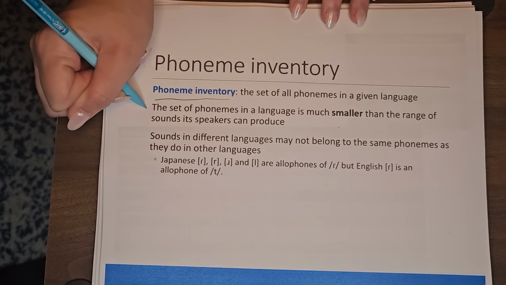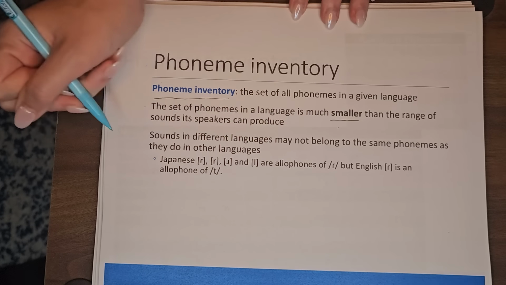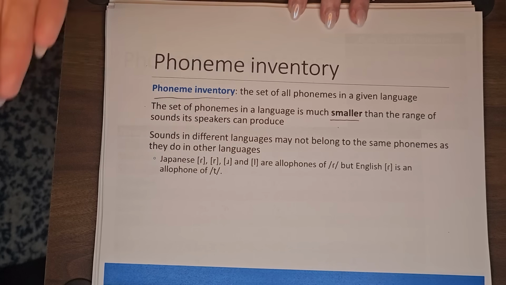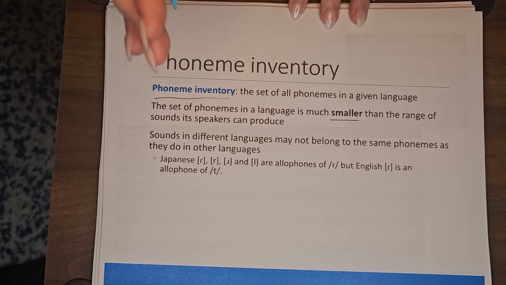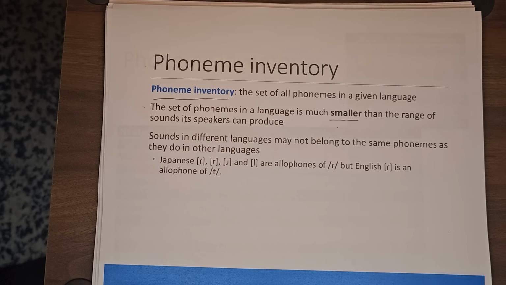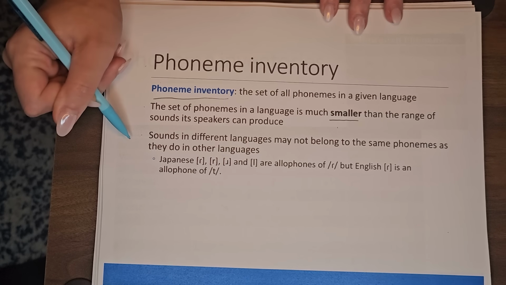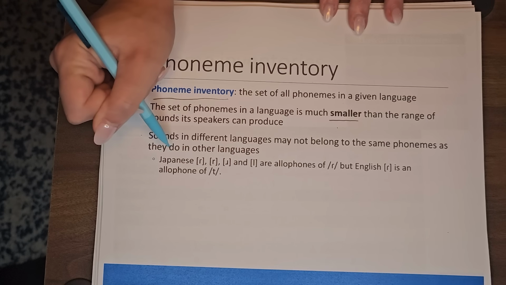So once again, unaspirated and aspirated p are two different productions of a sound, but they equal one phoneme. And sounds in different languages may not belong to the same phoneme as they do in other languages.